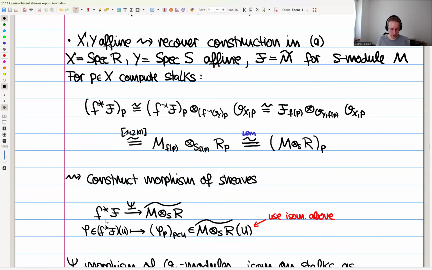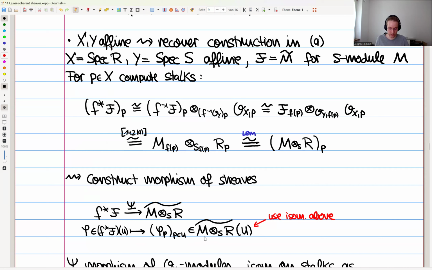This is now not so hard because from here to there, if you have a section, this is just a compatible collection of elements in the stalks. And so you can just take its values at the various stalks here and then see by this isomorphism they live in this localization, which is just the definition of how you can create a section of this here, right?